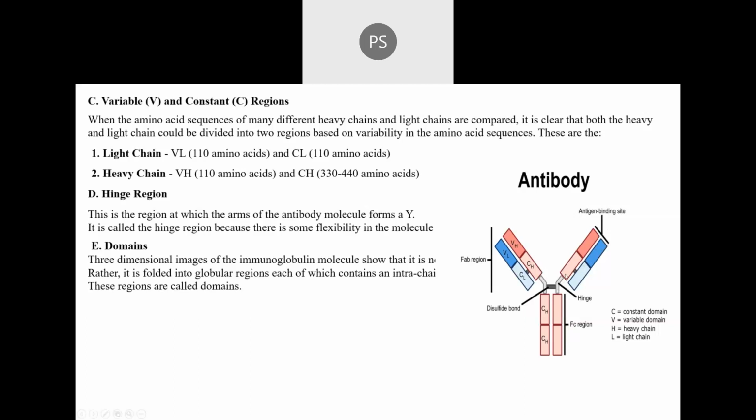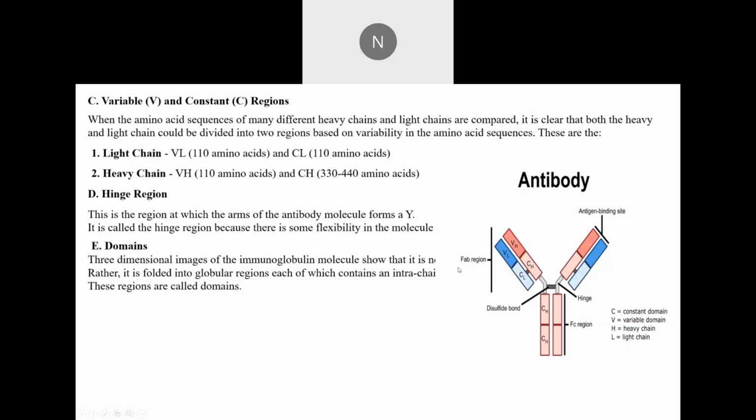So this is the hinge portion which connects the two arms of the heavy chain. The hinge is there only because the heavy chain is in two portions, whereas the light chain is only one portion at the top. The heavy portions are connected by the hinge portion, and the disulfide bond is connecting these two hinges, and this makes it more flexible.